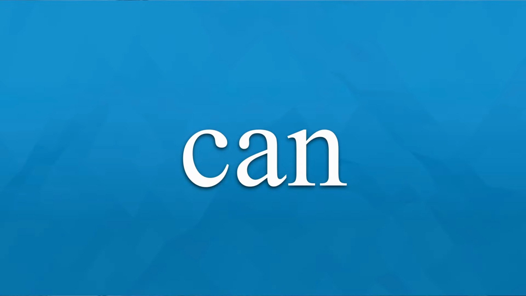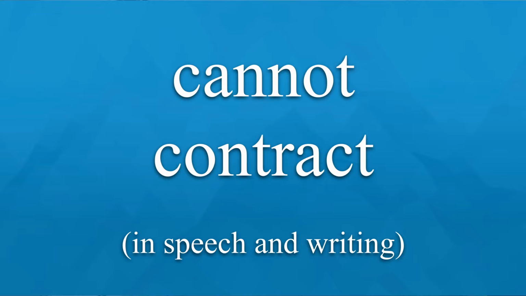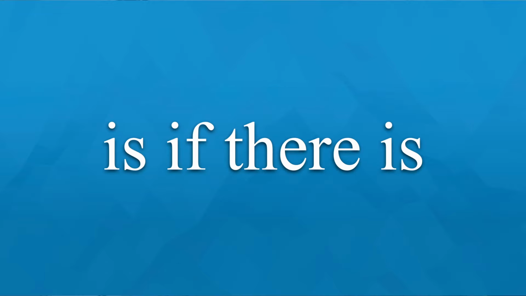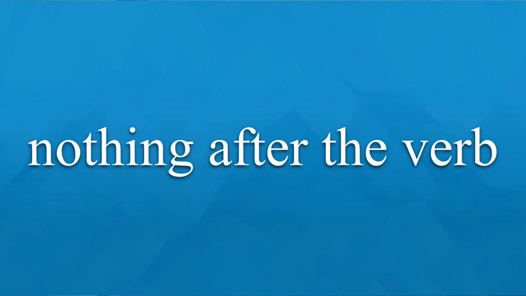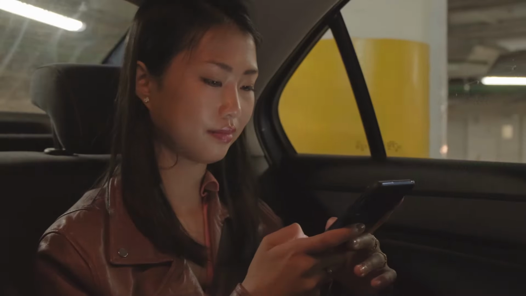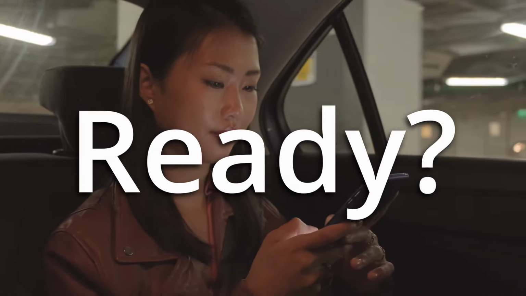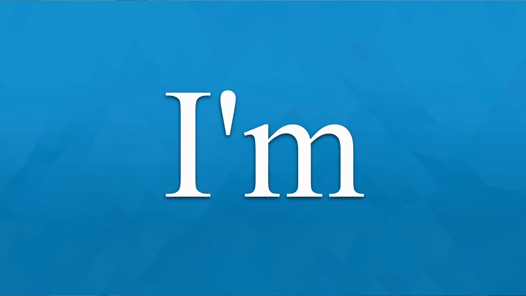But the one case where you absolutely cannot contract ever is if there is nothing after the verb. So for example, when I teach classes, before we start, I message them and I say, ready? And sometimes, if they're a new student, they'll say, I'm. And that's good because they're trying to use it, right?